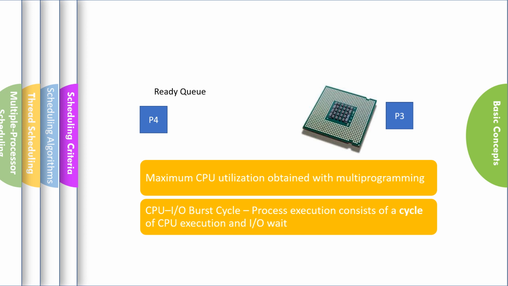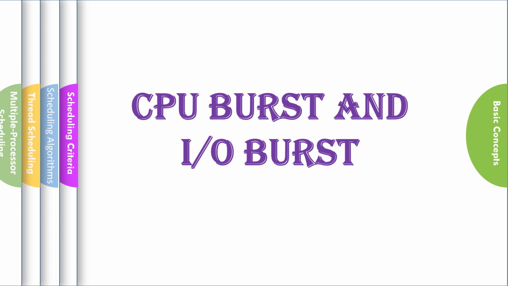A process, when it is in execution state, has a cycle. Its execution is in terms of cycles. These cycles are either a CPU cycle or an IO cycle. This is called a CPU burst or an IO burst. Next we'll see what CPU burst and IO burst are.